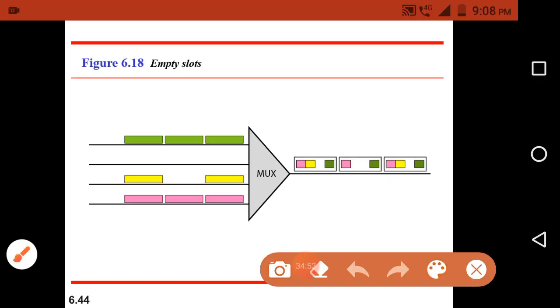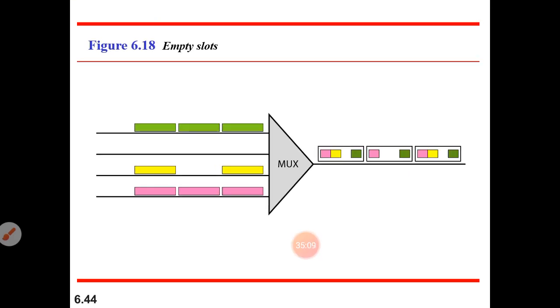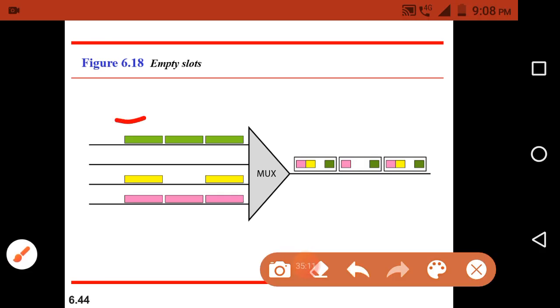Whenever you give input to the multiplexer, it first takes a single data unit from the first connection and allocates an output slot for it. Then it takes the second connection.